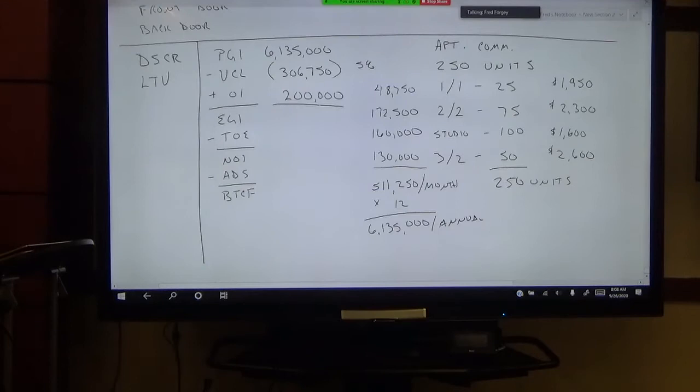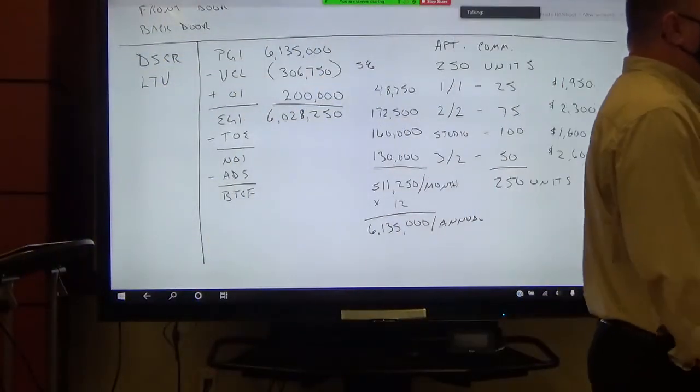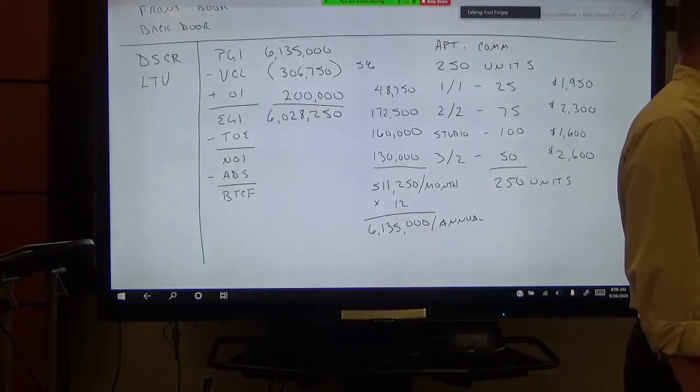Now, let's go ahead and calculate our effective gross income. Okay. Operating expenses. Give me a percentage. Come on, somebody from Zoom land. 20%. 25%. Okay, thank you.